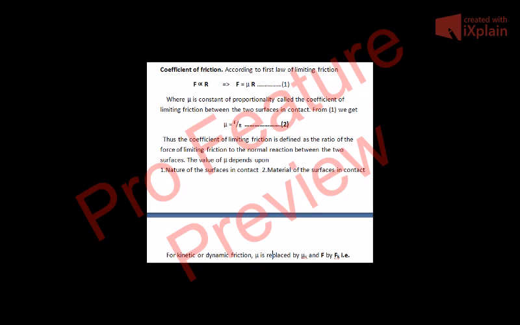So the coefficient of limiting friction depends upon the two surfaces in contact. Then the nature: suppose you have two metallic surfaces in contact in one case, and the same two metal surfaces in the other case, but with lubrication between the two surfaces, then mu will be different for the same two surfaces. That is the nature of surface in contact.